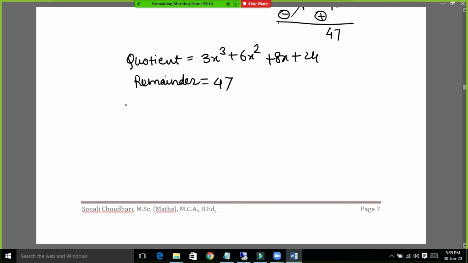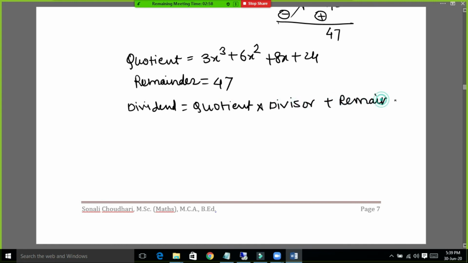So we know the algorithm, that is dividend is equal to quotient into divisor plus remainder. So this is the algorithm.